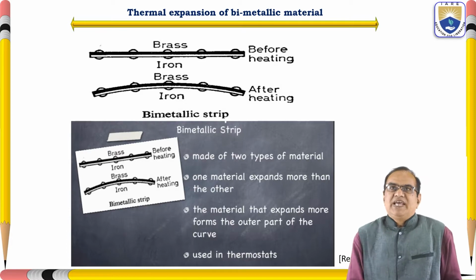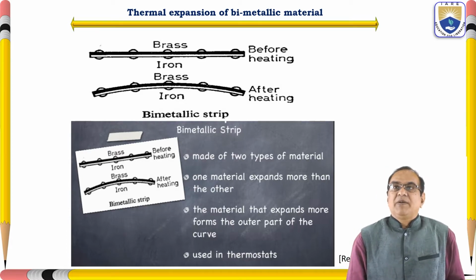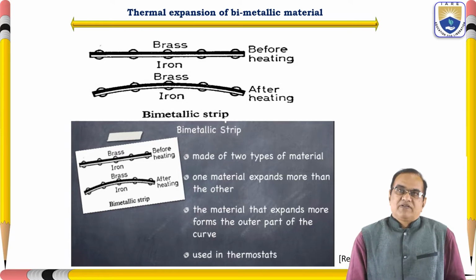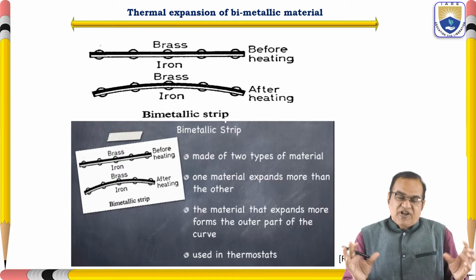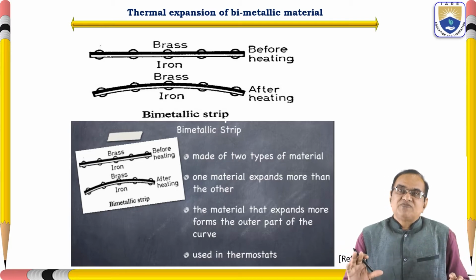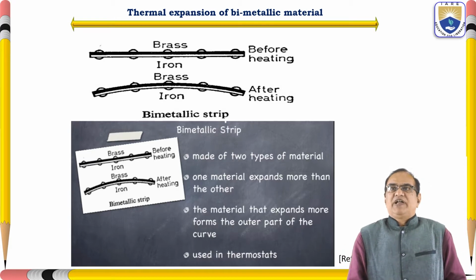Next is the thermal expansion of a bimetallic material. We use bimetallic strips for our thermometry. For temperature measurement, two different conductive materials we are using, and they will give a different voltage, and that voltage difference will be directly proportional to the temperature.